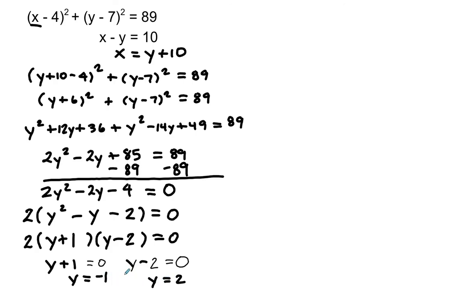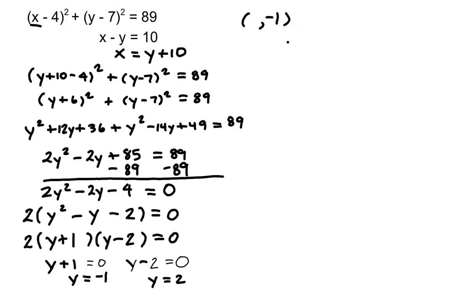We can use these values of y now to figure out our corresponding values of x. Let's take them and plug them into our other equations here. So we're going to say when y is negative 1, we're going to find the x here by plugging in this value.